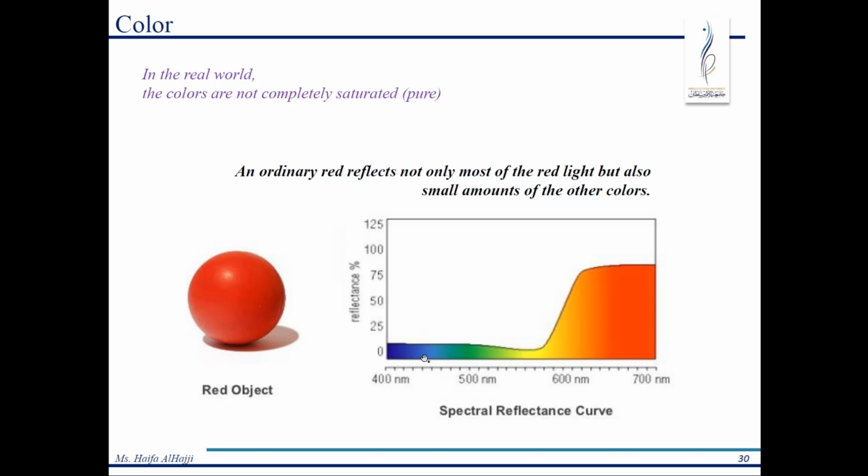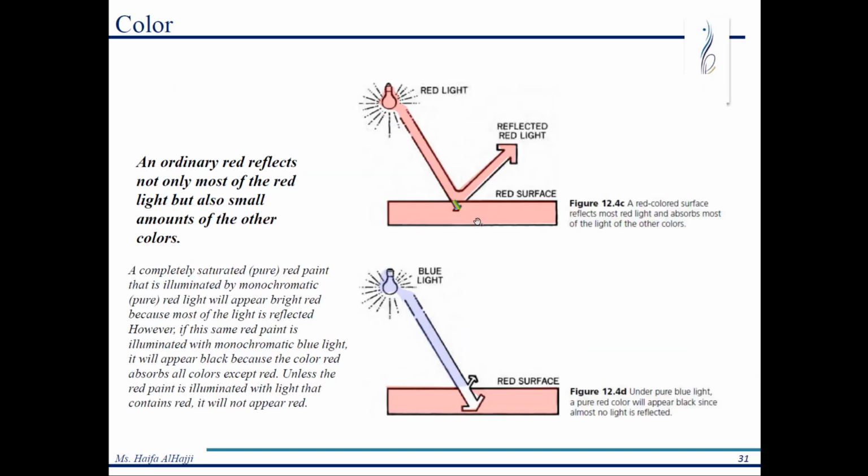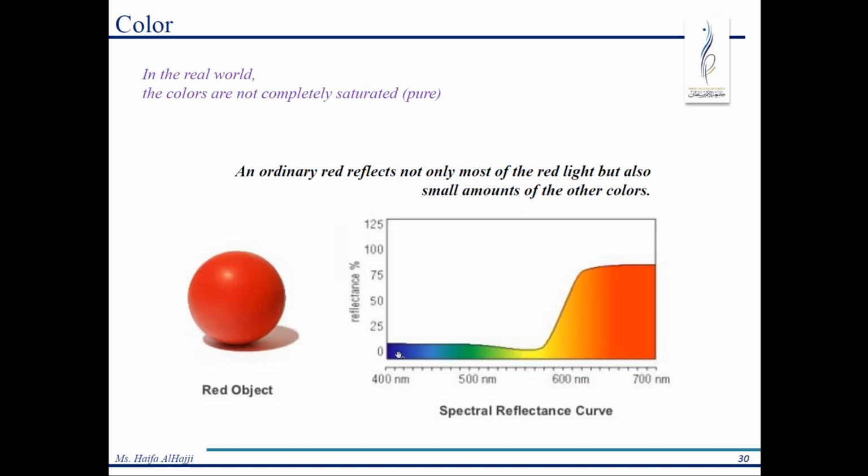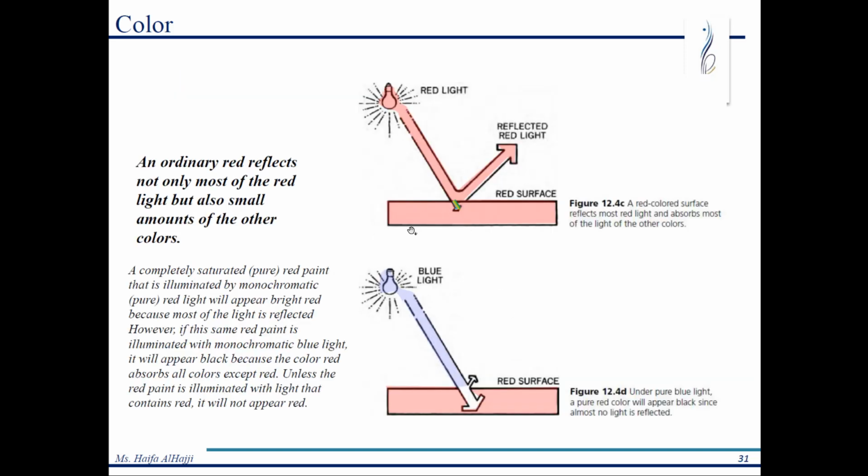It's not going to reflect any of these colors, only this portion. So when this light is falling on this surface, the red portion will be reflected. The other portion of the light will be absorbed. So the surface only reflects the specific colors related to its color, and it's going to absorb any color that doesn't match its SED.